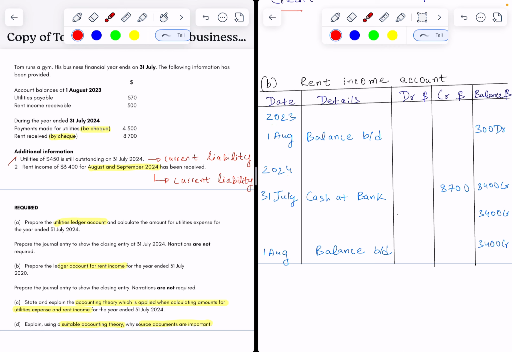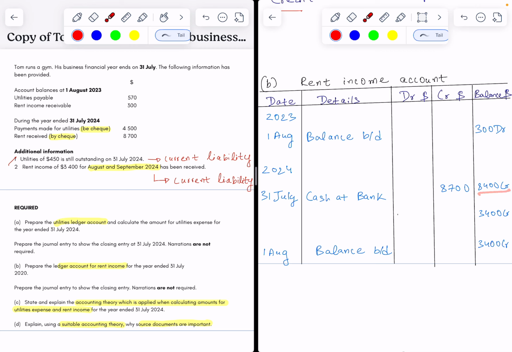Because the rent income account is credited, it means on the credit column, we are recording $8,700, which is the amount which we have received at 31 July 2024 as funds available in our bank account, which takes the relevant cross-reference in the details column, okay? So 8,700 credit is now being offset against 300 debit. Because we have got credits and debits, we subtract 8,700 and 300, and then we get 8,400 on the credit side because obviously we have got higher credits than debits so far.